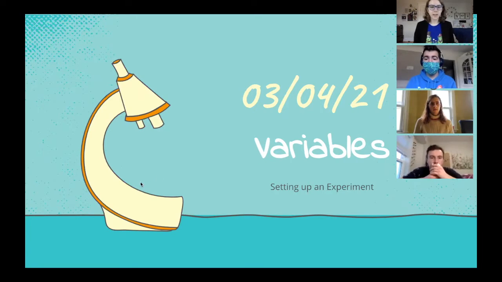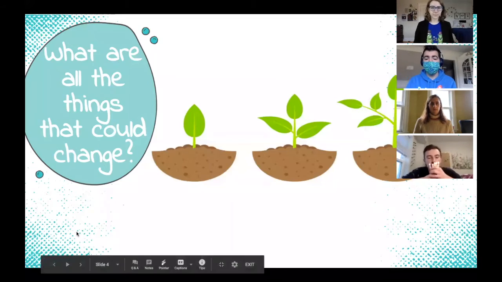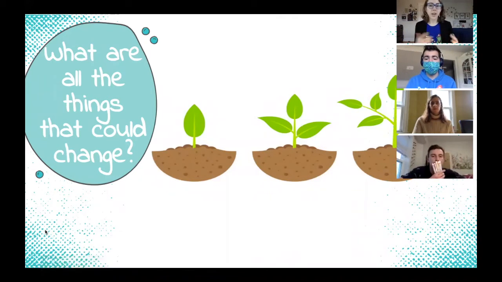So if we take this plant, for example, what are some things that could change as the plant goes about its life? And feel free to unmute and throw out any options. The height, it gets taller. Great, thank you, Will. Andrew, what did you have?